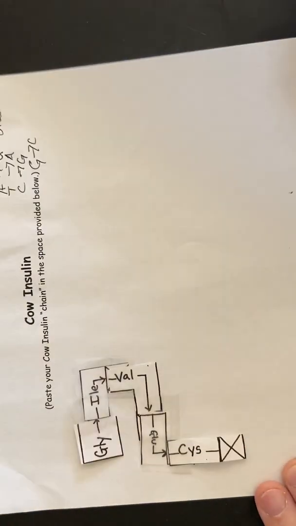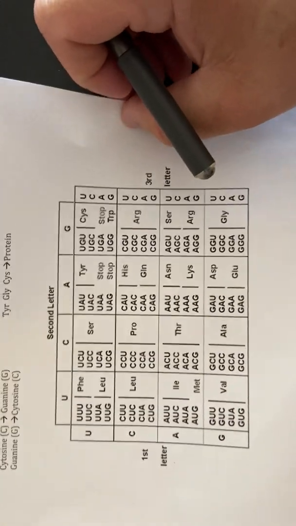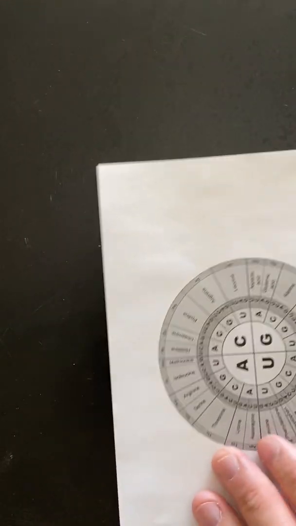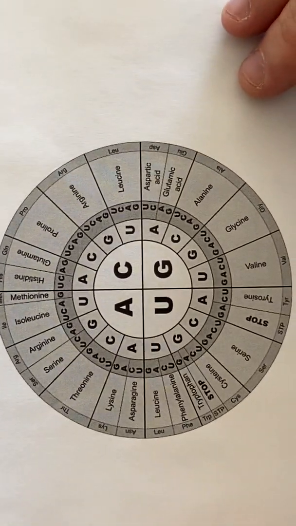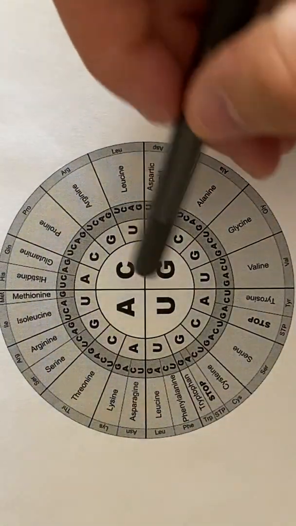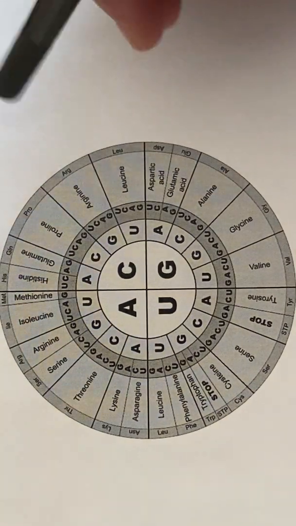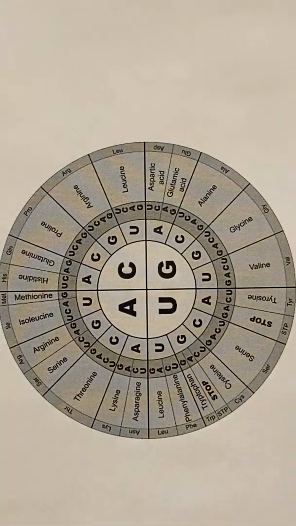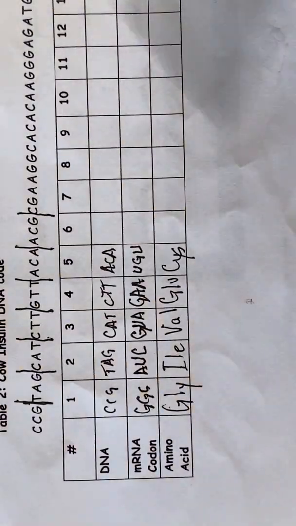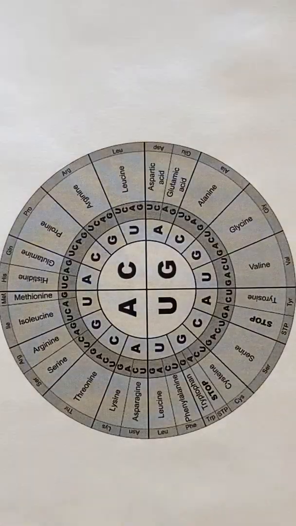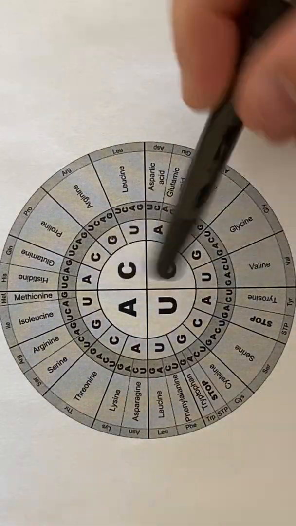The other thing before I go that I want to show you is, I showed you this universal genetic code chart, the square one. There is another, and I prefer this one because it's more like playing darts. It's a universal genetic code chart where you start in the center and then you move out. For instance, our first sequence was GGC. So you would go to G in the center, start in the center.